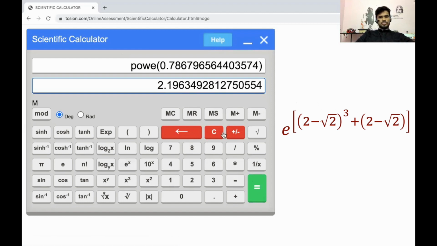You would really appreciate it if it's a GP, geometric progression, with A as 2 minus root 2 and R as 2 minus root 2. Find the sum of 10 terms.